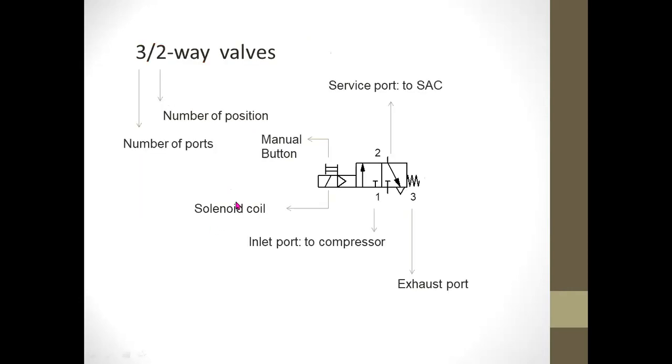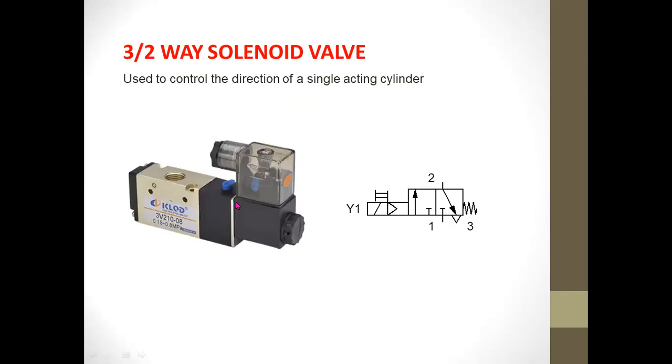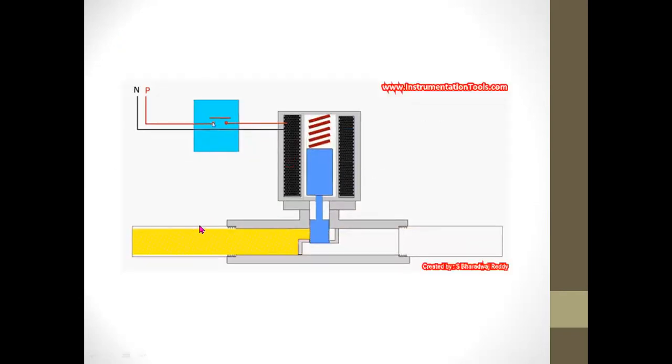If you take a look at the operation of the three two-way, you have a single coil, basically one coil, and the plunger is returned to its original position by means of the spring. That's why it is single coil but spring return.